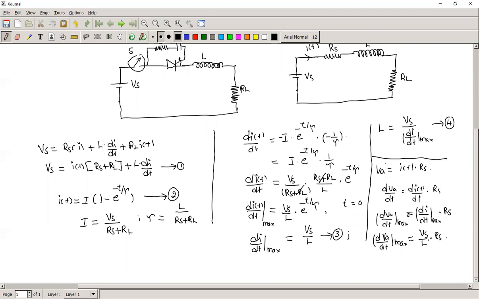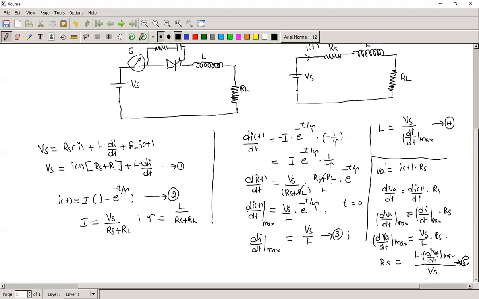If we find the value of RS, it equals L into dVA by dt maximum divided by Vs. Take this as equation 5.